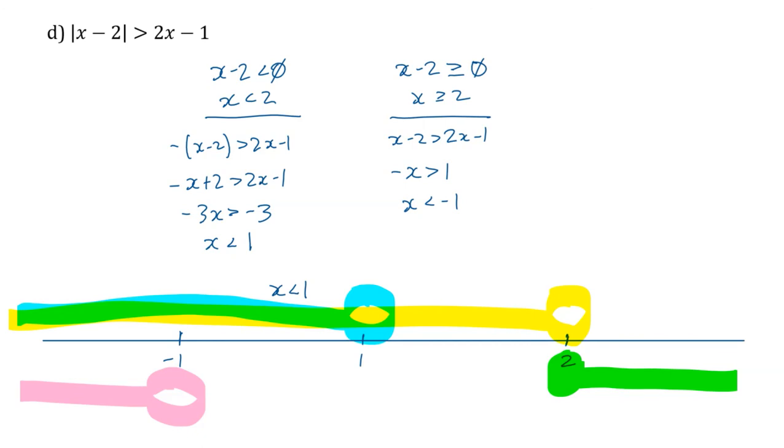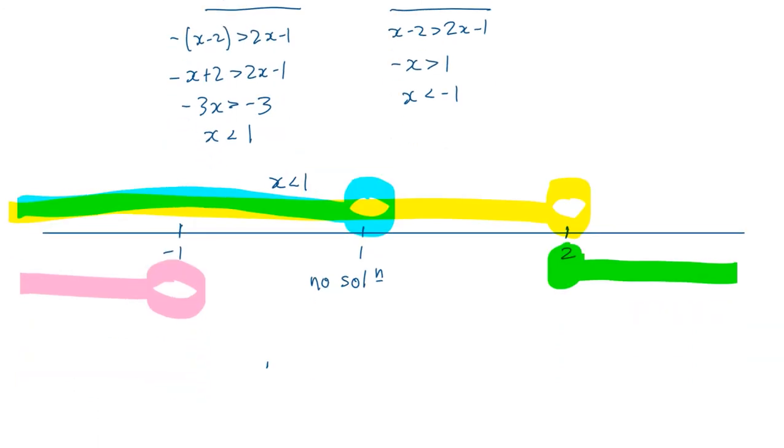Yes, there are no solutions here, so it's like extraneous. The x less than -1 is extraneous. It's not within that domain at all. Okay? I'm just going to say no solution, because there's no overlap of those areas. So therefore, our overall solution is, good, x less than 1.